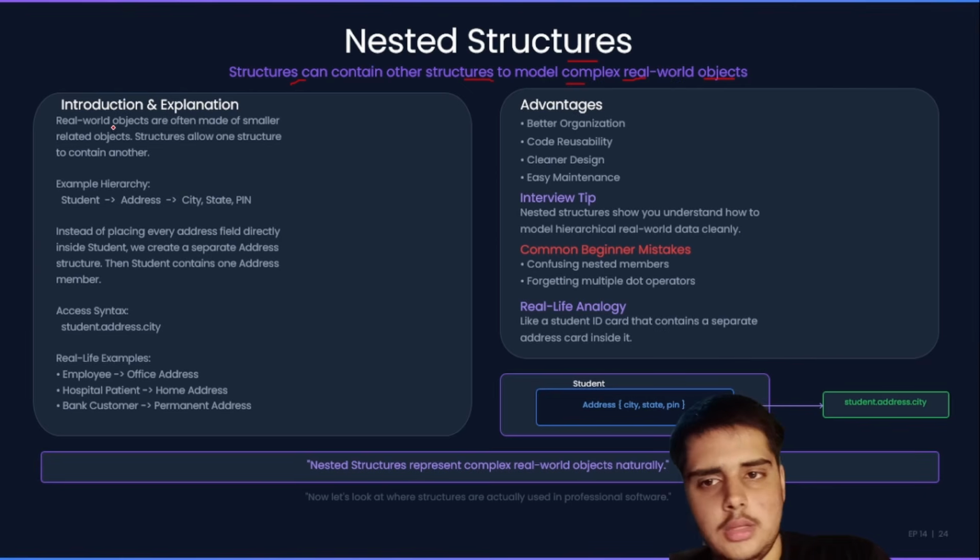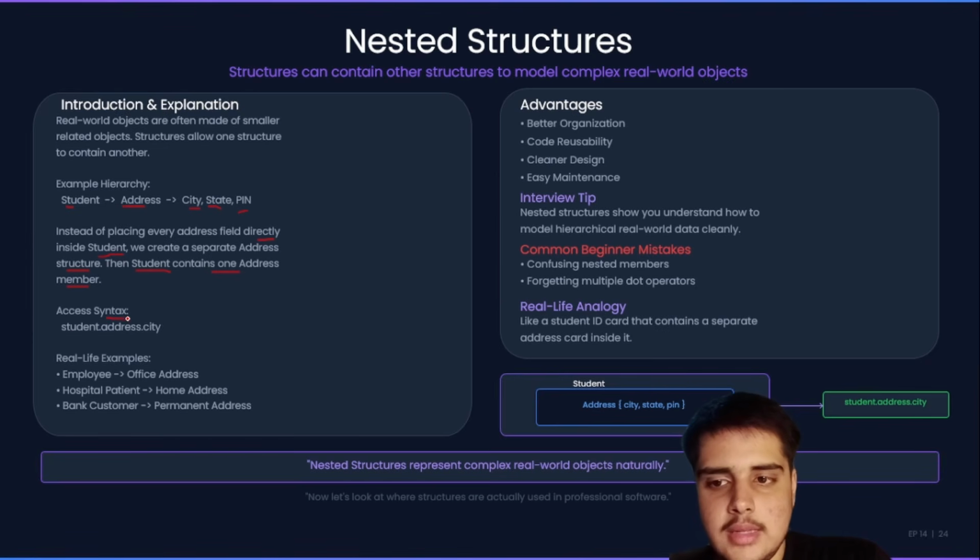Real world objects are often made of smaller related objects, and structures allow one structure to contain another. The hierarchy here is that student is a structure and address is another structure. City, state and pin are stored in the address of the student. Instead of placing every address field directly inside student, we create a separate address structure. Then student contains one address member.